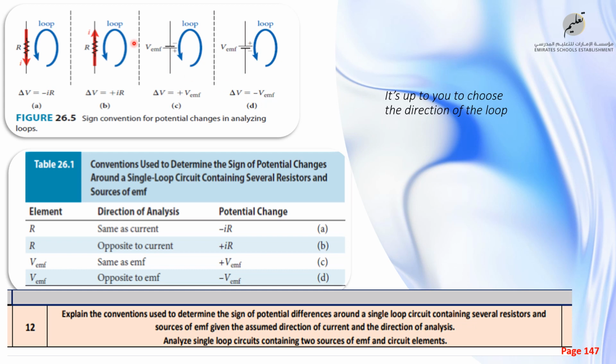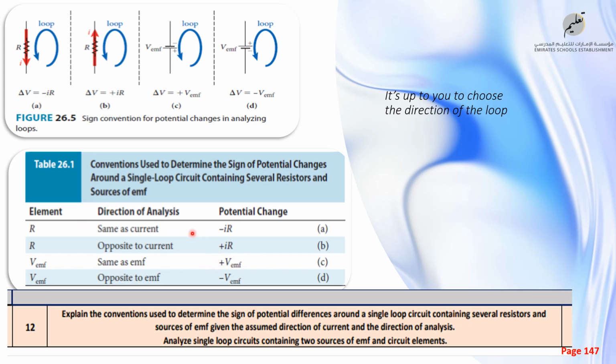What about the resistance? If the loop you are taking is in the opposite direction of the current, again I repeat, if the loop taken is in the opposite direction of the current, then it's positive. If both the loop and the direction of the current have the same direction, then you have to include the minus.